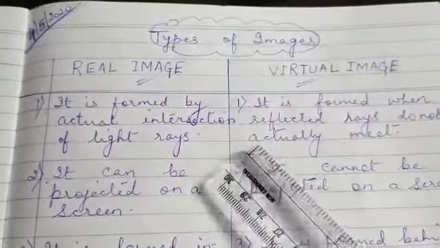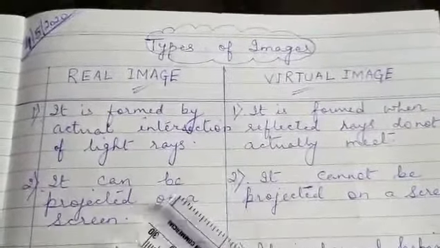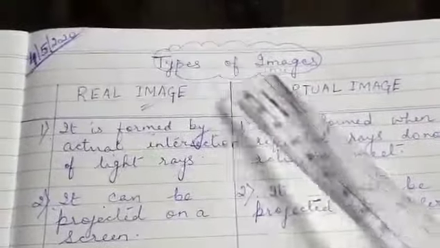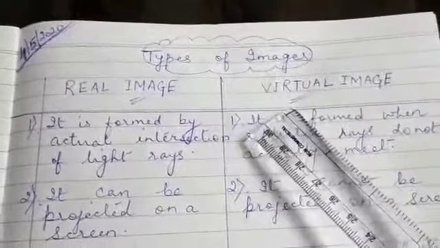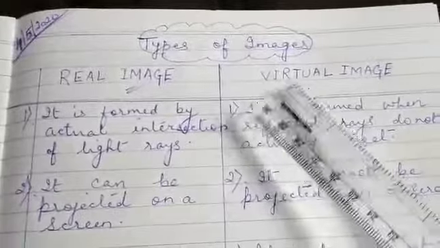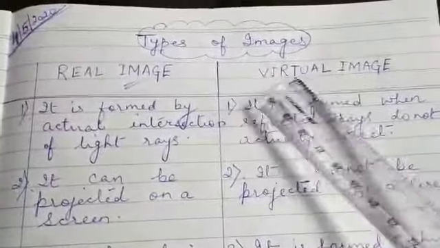The image formed on the retina of the eye is known as a real image. And a virtual image means when you are looking at your face in the mirror, the image formed behind the mirror is known as a virtual image.